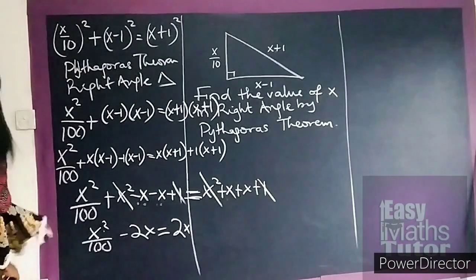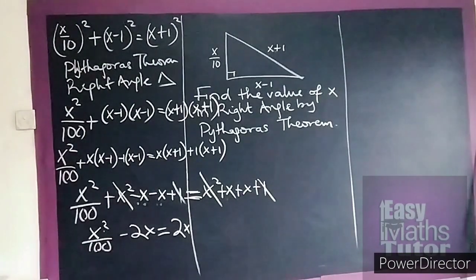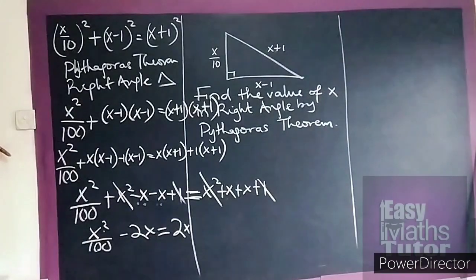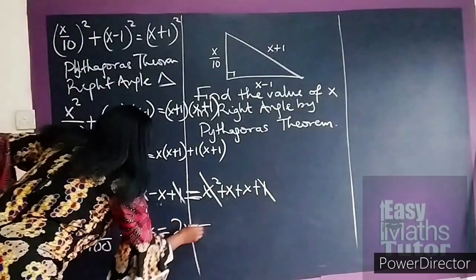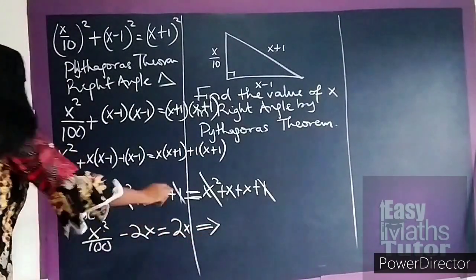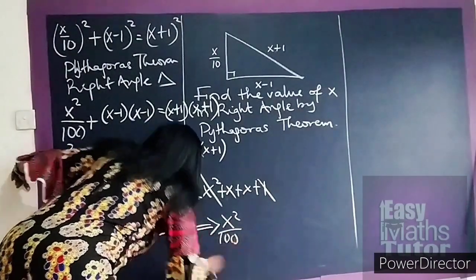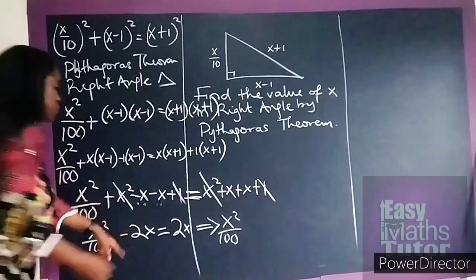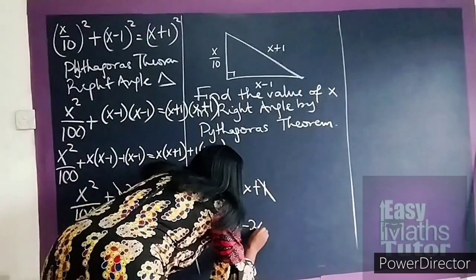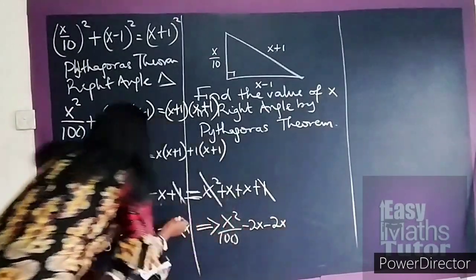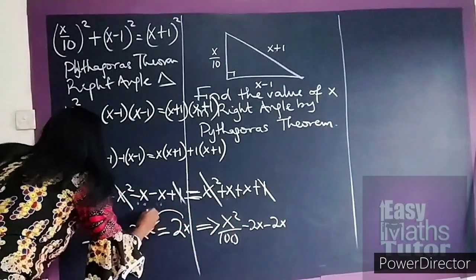So this is going to jump over to this side. Or this can also jump over to this side. Whichever way, they are going to be correct. So let's push it to this side. We have x squared over 100, minus 2x, minus 2x. This 2x jumps over and becomes what?